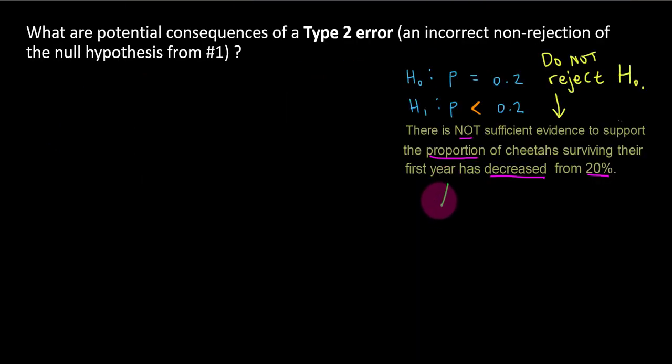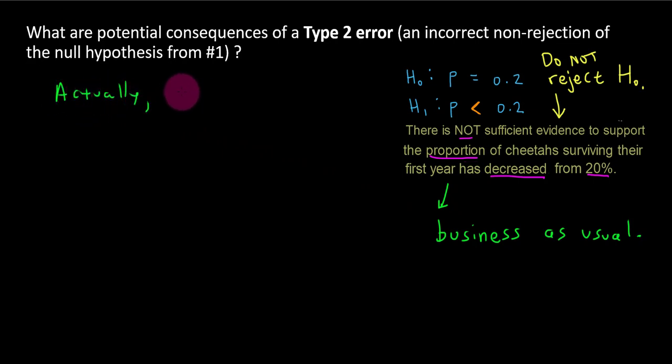If that was the conclusion, then you might think, okay, well, seems like they're just doing what they're doing. There's no decrease. The decrease would be alarming for their survival rate. So the action based on the sample might be, let's just keep on keeping on, business as usual. However, this conclusion is erroneous. So actually, the first-year survival is decreasing.